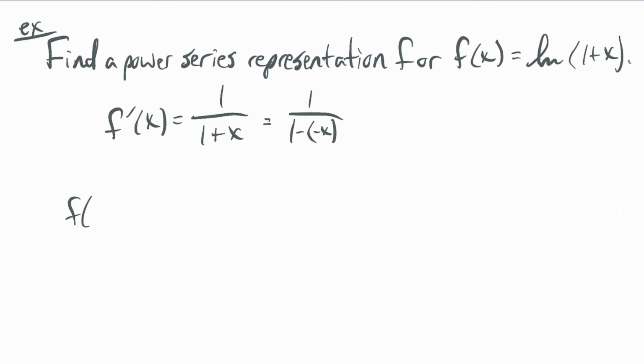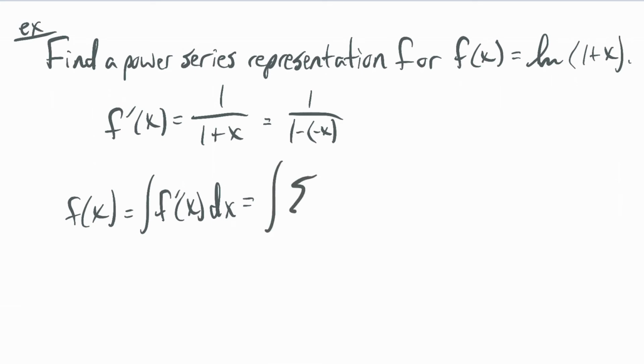So f of x will be the antiderivative of f prime of x dx, which is the antiderivative of the sum as n goes from 0 to infinity of negative x to the n power. I guess I should put a dx here.